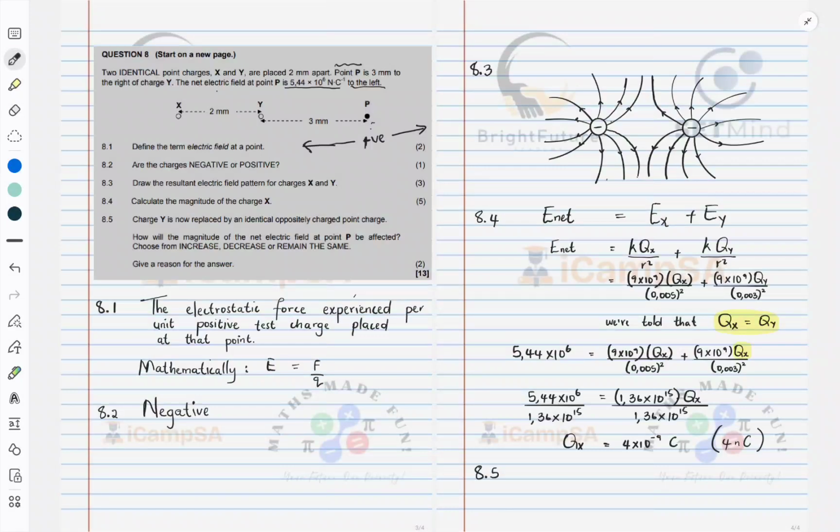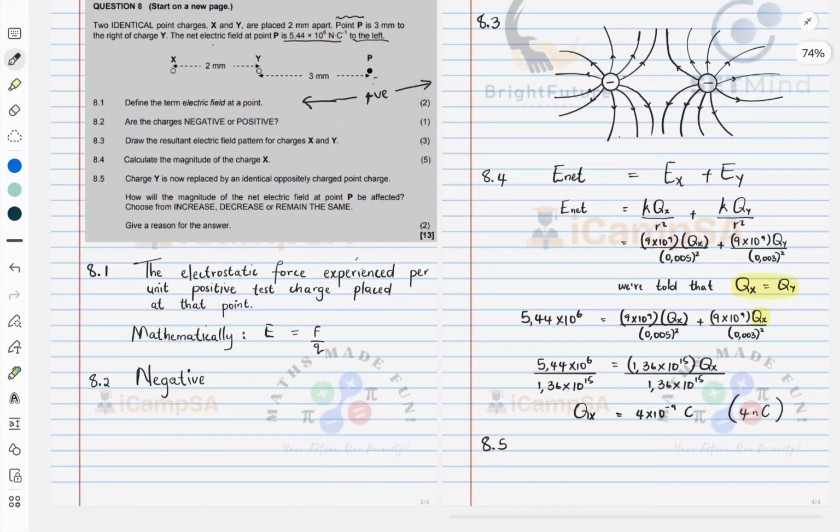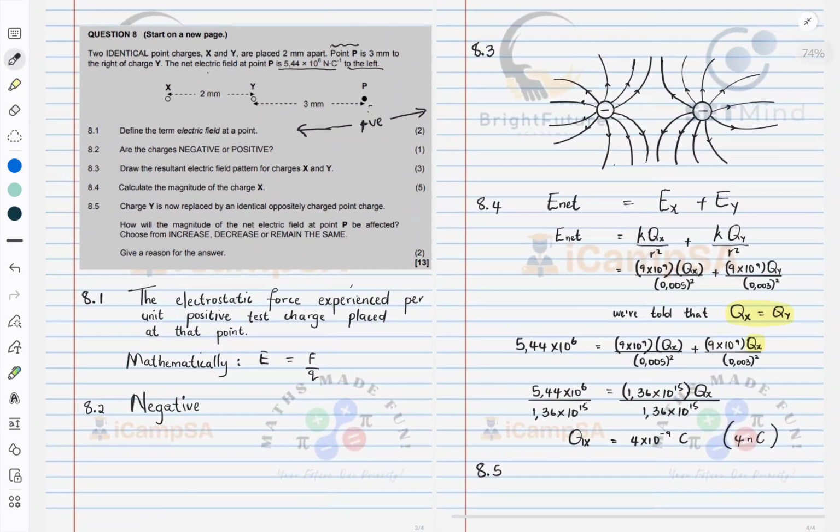So here the answer is quite easy to get to. If you think about it, if these charges are the same, when we do the net electric field, we simply add them together and they add each other up, giving us a bigger number. But now when it's opposite charges, they will subtract each other, meaning the final answer will be lower than the one we got when they were still identical.